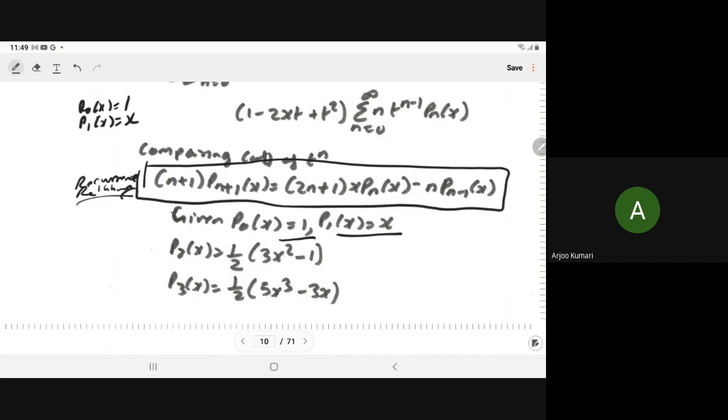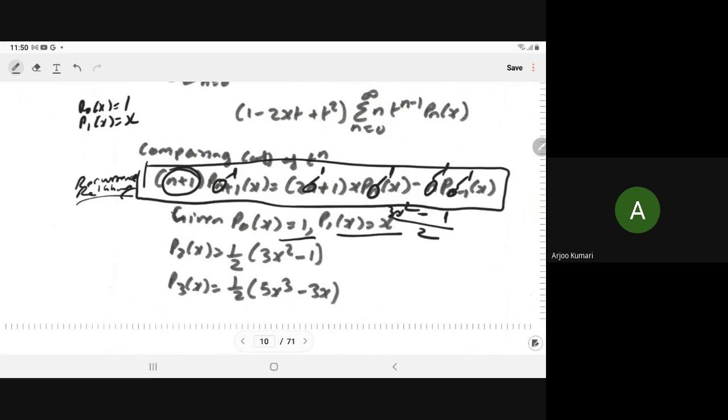For example, if you have to compute P2, you put n equal to 1. Here we have P0, which is 1, so you just put 1. Here n is equal to 1, so it is 3x square, and here we have n plus 1, that is 2, so it will come to (3x square minus 1) upon 2.